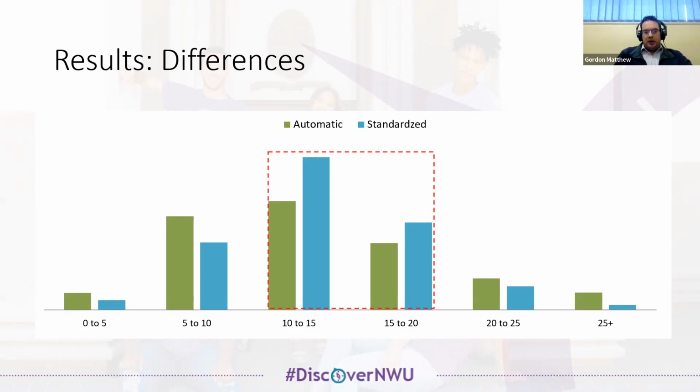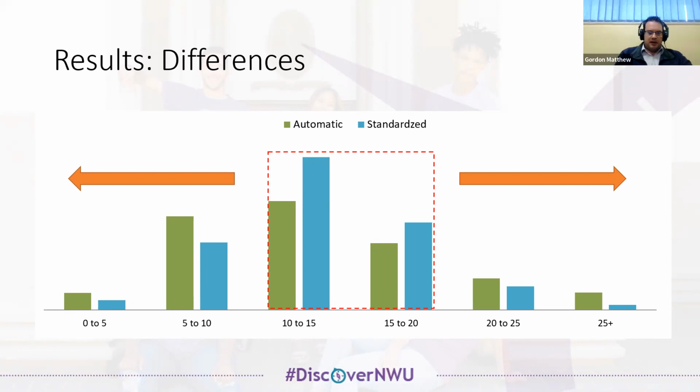So the possible problem here is that for the automatic subtitles, there are a higher number of lower characters per second subtitles, and also a higher number of more than 20 characters per second subtitles. This would be better demonstrated this way.